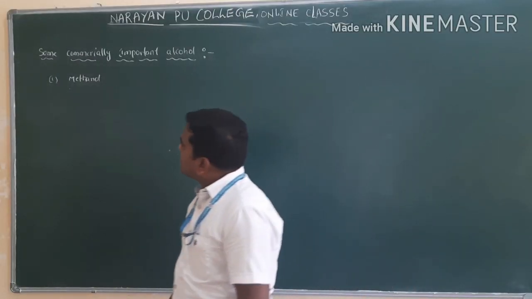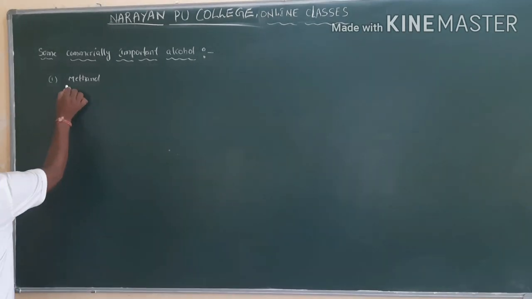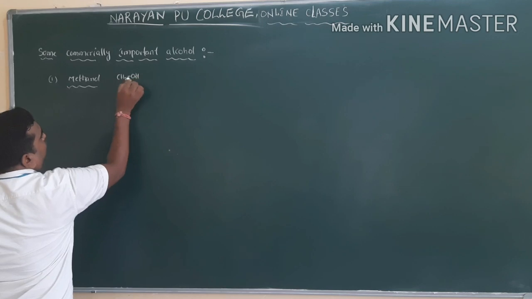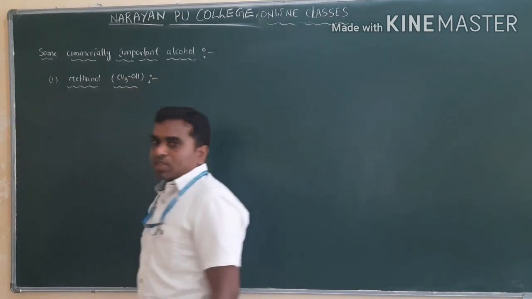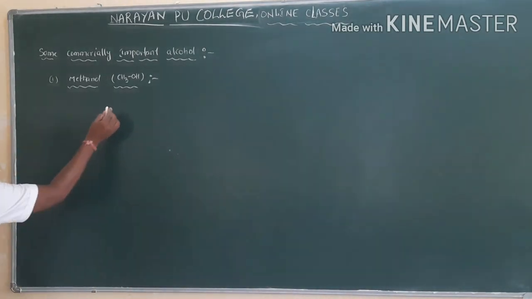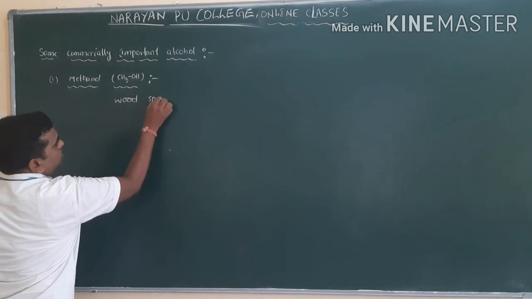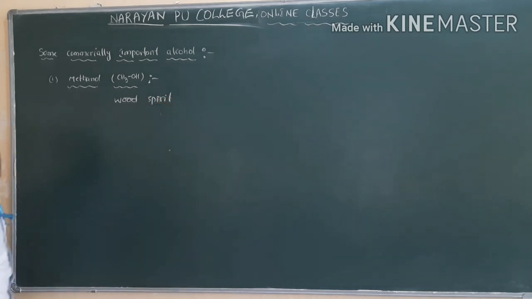Next are some commercially important alcohols. The first one is methanol. What is the formula of methanol? CH3OH. Methanol is well known as wood spirit.